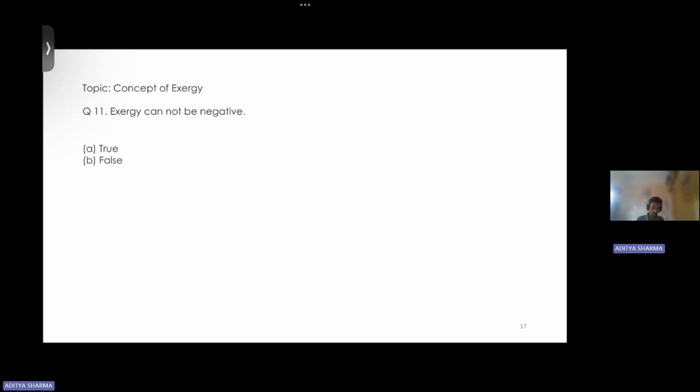So the statement says that exergy cannot be negative. So whether this is a true statement or false statement. You can try to answer this.